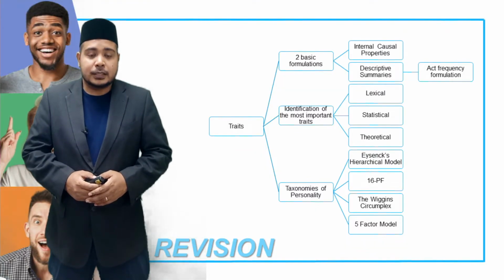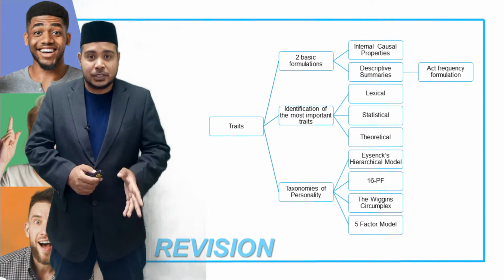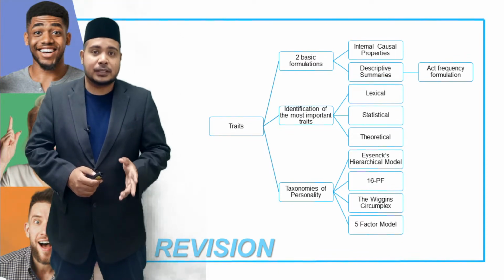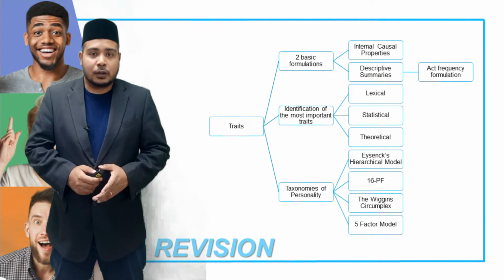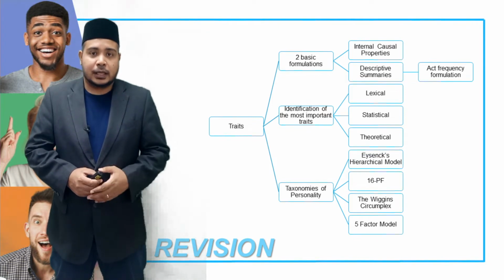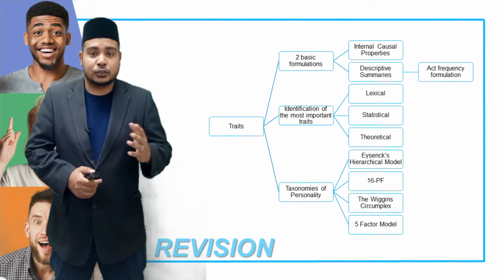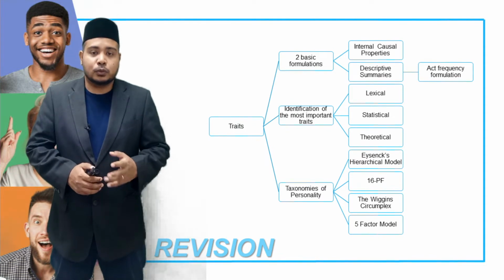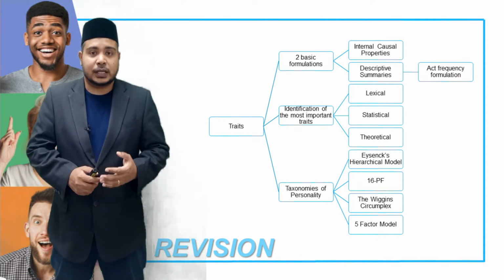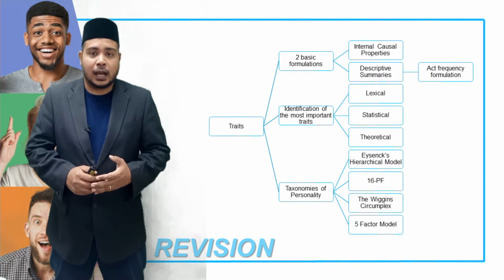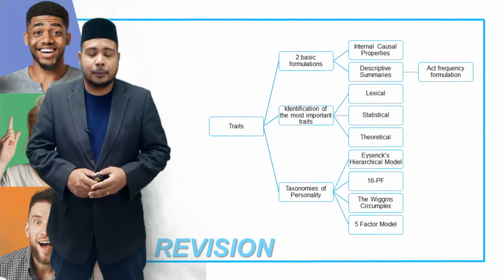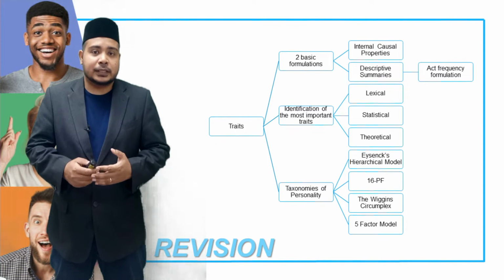Okay, before we begin, let's have a brief revision on what we have learned in previous classes. We've talked about personality traits, and first and foremost, in the last 2 weeks, we have discussed the two basic formulations of personality traits, which is basically how personality psychologists define what personality traits means.